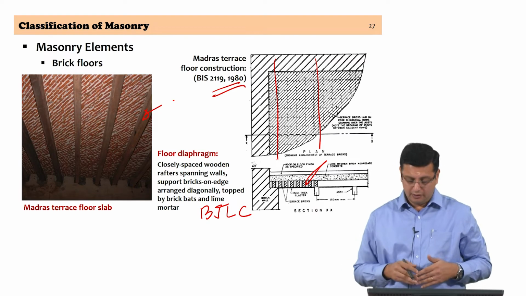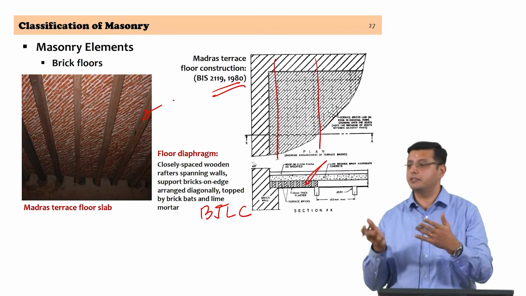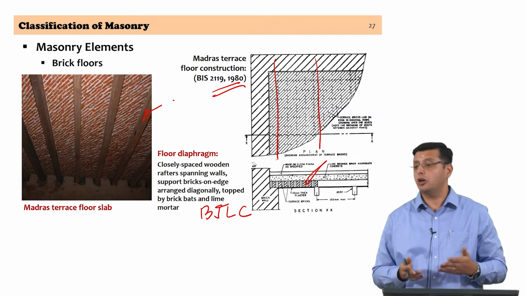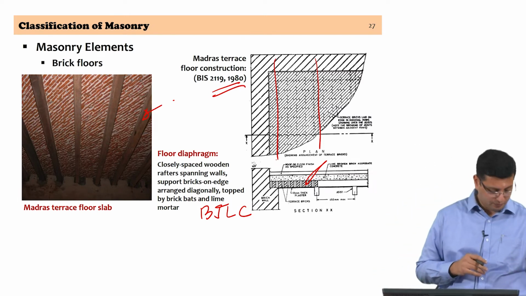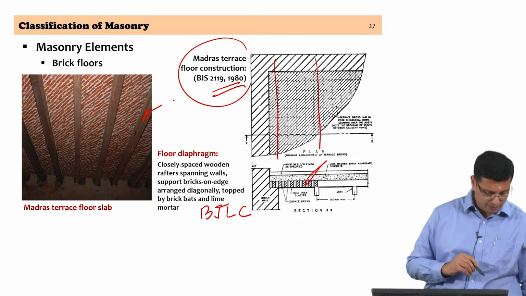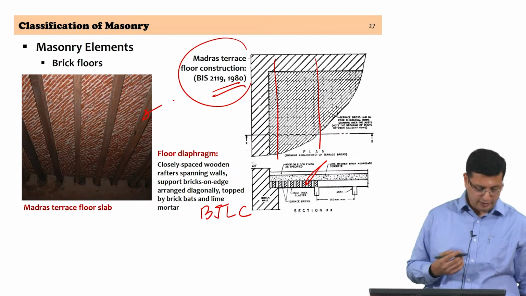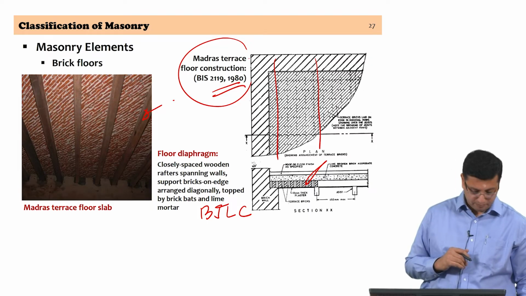So, this is a unique system where it is a pleasure to see the person who is actually making this sort of a roof. It depends a lot on the skill of the workman who is executing this sort of a floor. It is useful to understand the existence of such a system, because in many existing masonry structures, if you are intervening, you might encounter this sort of a floor system.